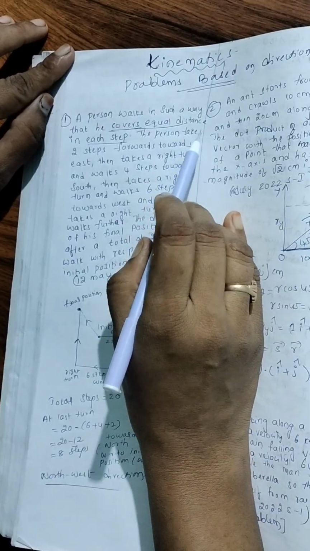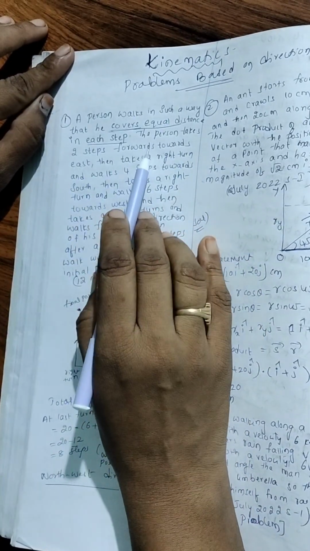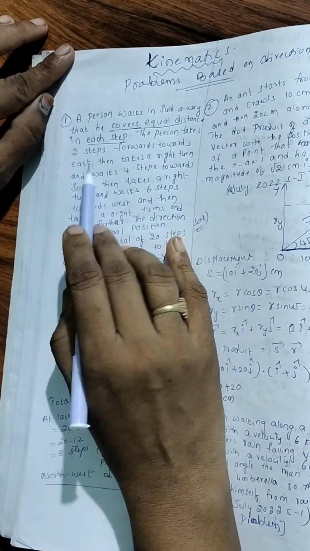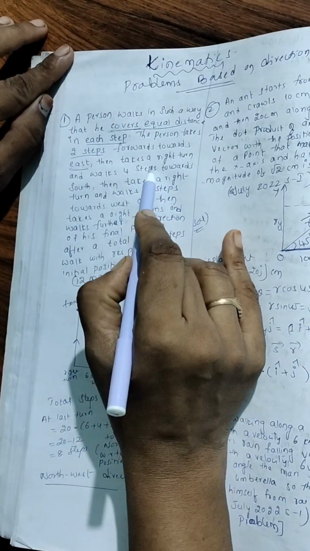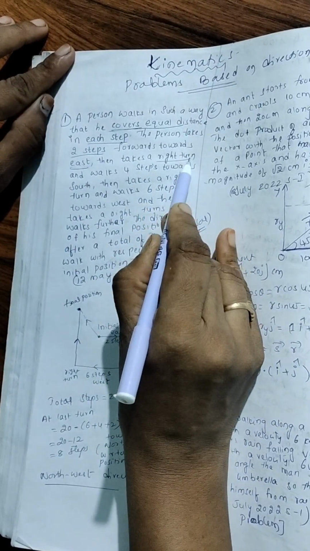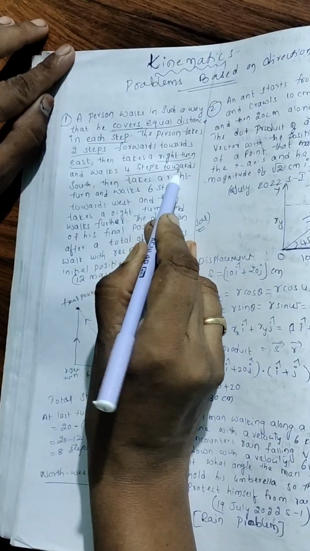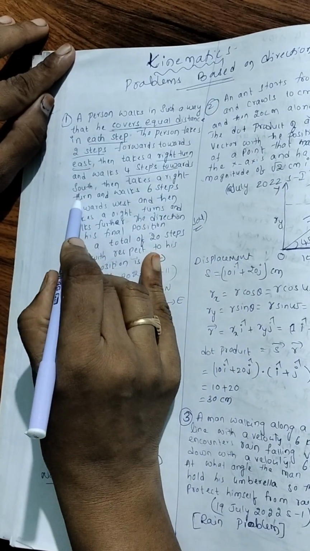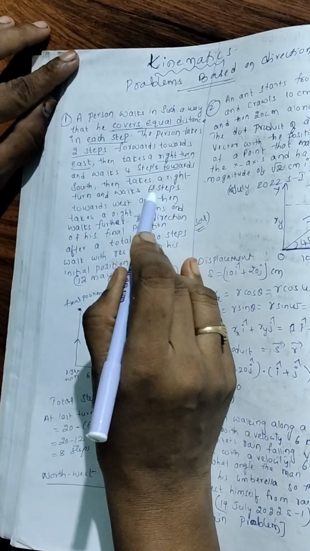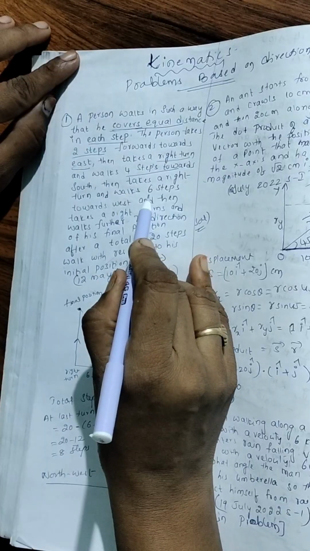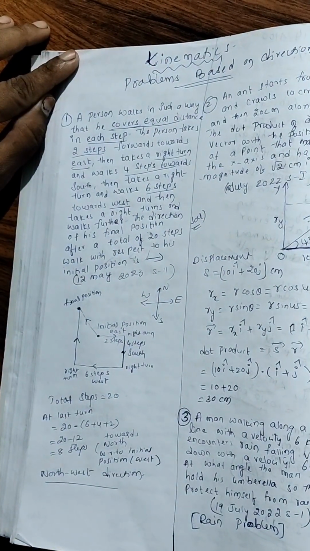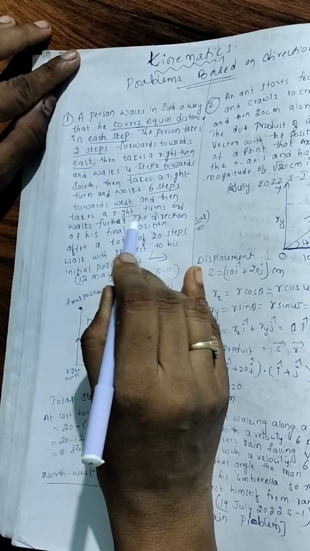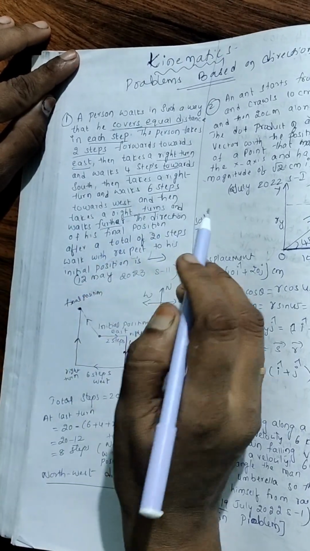The person takes two steps forward towards east, then takes a right turn and walks four steps towards the south, then takes a right turn and walks six steps towards west, and then takes a right turn and walks further.